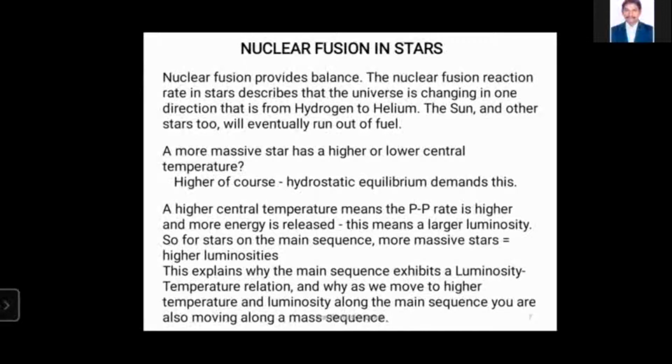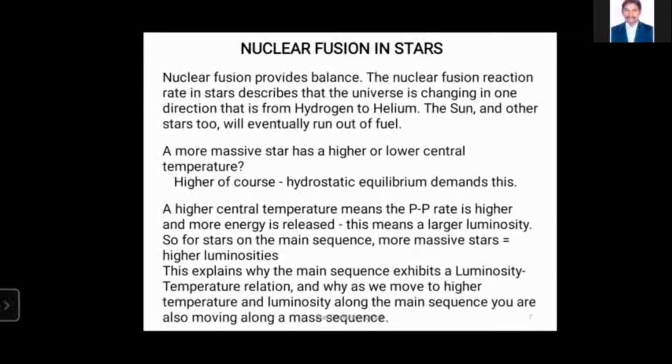The answer is higher, of course, because of hydrostatic equilibrium. A higher central temperature means the proton-proton rate is higher and more energy is released. This means a larger luminosity. So for stars on the main sequence, more massive stars have higher luminosity.